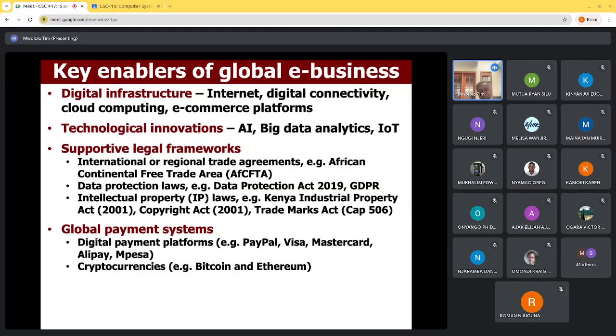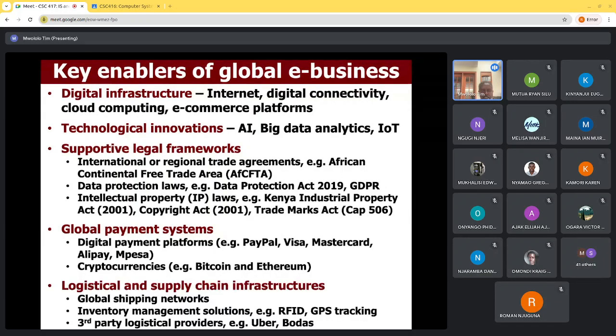They are being paid in cryptocurrency. So these are digital payment platforms, and finally, there's logistical and supply chain infrastructures like shipping networks, inventory management solutions, GPS tracking, third-party logistical providers like Uber to do last mile deliveries, and so on and so forth.